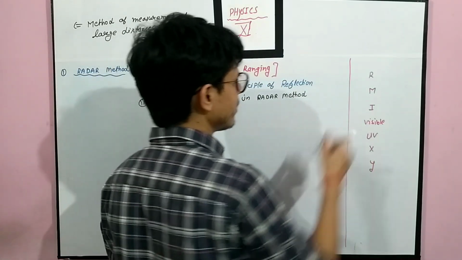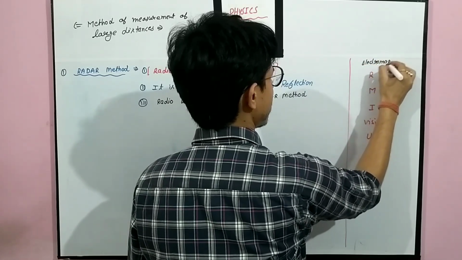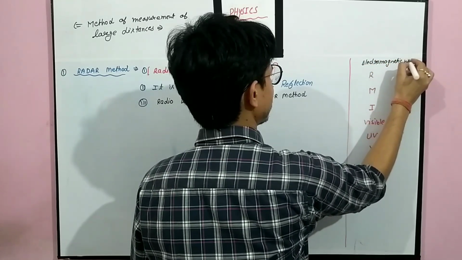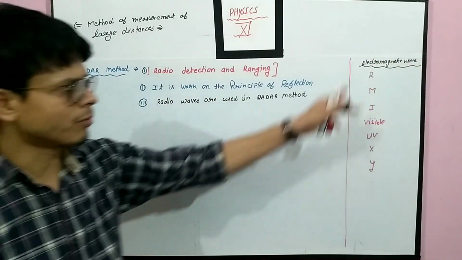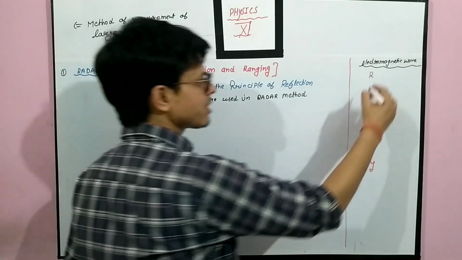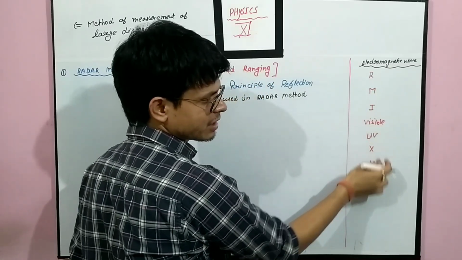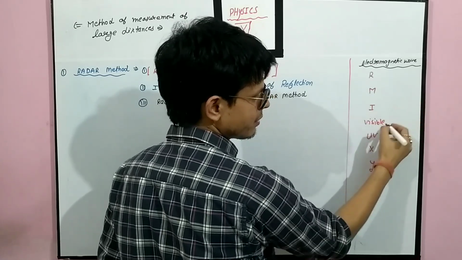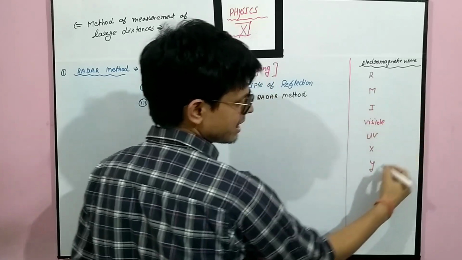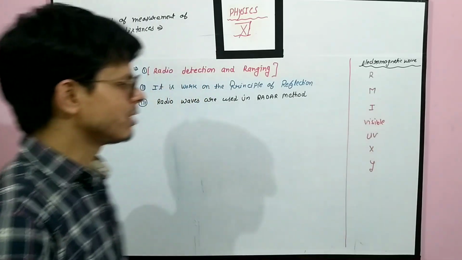These are the waves of the electromagnetic wave. Light is an electromagnetic wave, and inside that electromagnetic wave these waves are there. Redmi means radio, micro, infrared waves, visible light, UV rays, X rays, gamma rays. So these are the rays.